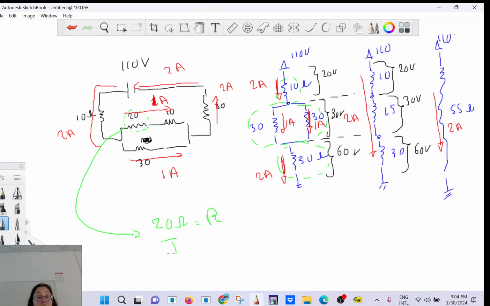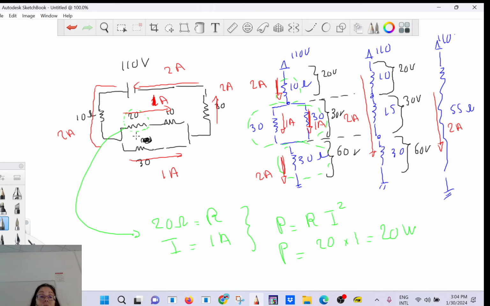Do we have the current going through that 20 ohms? Okay, do we have an equation? Very good, R I square. So P equals 20 times 1, which is 20 watts.